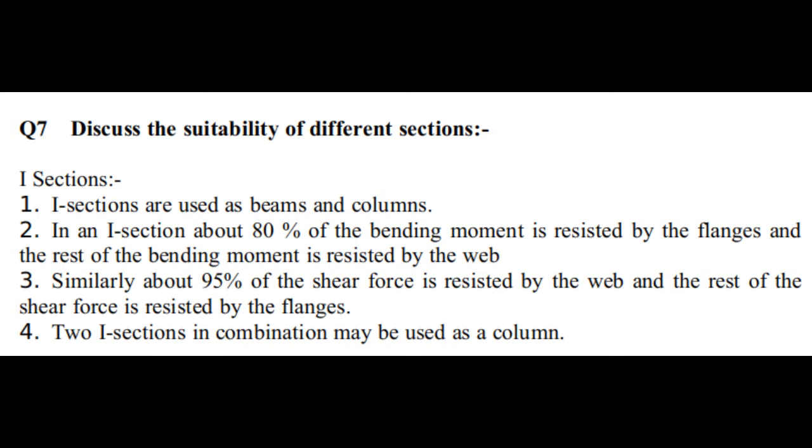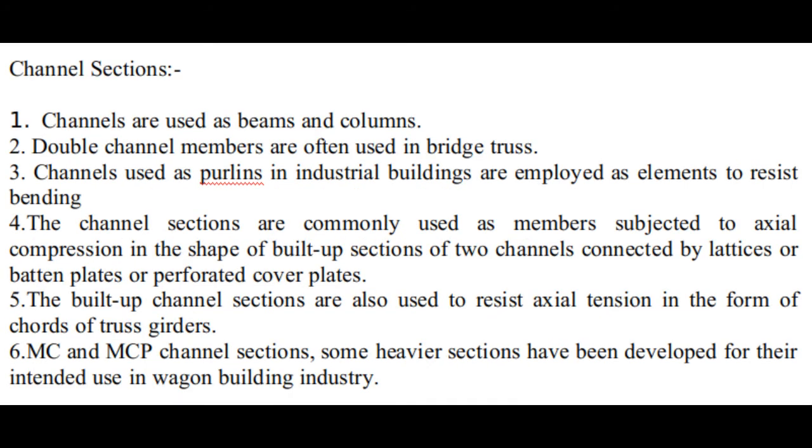That means in case of an I section, the flange carries 80% of the bending moment, but 95% of the shear force is resisted by the web. So you remember this thing about the I section, and two I sections in combination may also be used as a column. Let us see another section, that is the channel section.